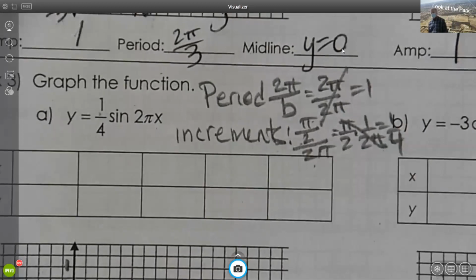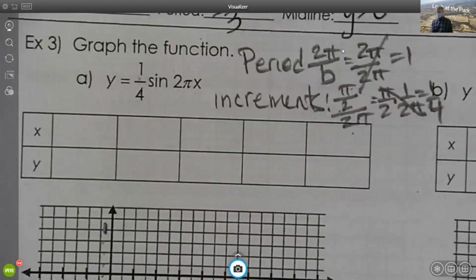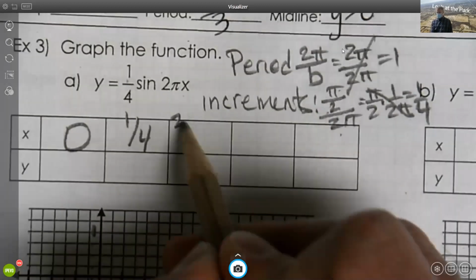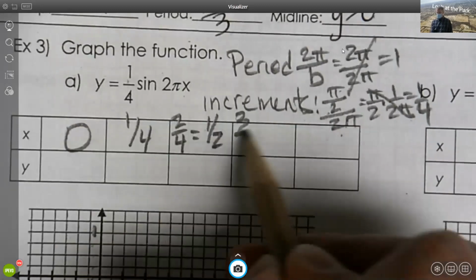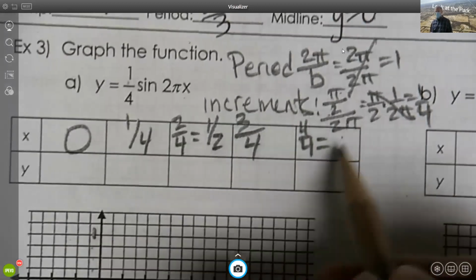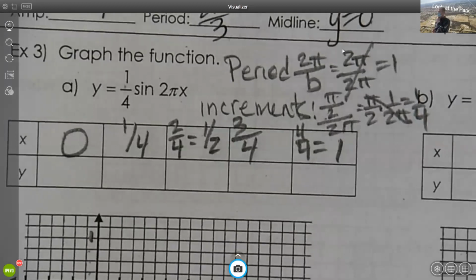Now let's think about what 1/4 does to our table. 0, we have 1/4. Then we get 2/4, which you could call 1/2. Then you get 3/4. Then you get 4/4, which we could call 1. And we've talked about how the last box is going to be the period. That's how long it takes to go all the way through the graph. And then it would repeat from there.